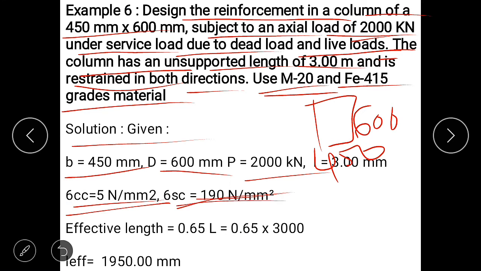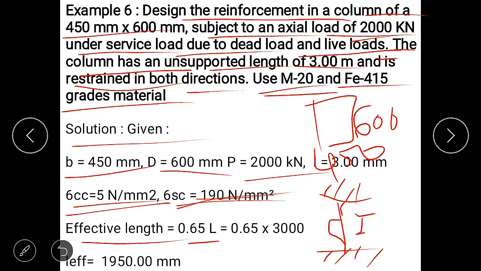The column has an unsupported length of 3 meter. The effective length condition: it is not fully fixed, it is restrained at both ends, and this distance is 0.65 L. So take 0.65 into L. 0.65 L with L of 3000 mm, so L effective is 1950 mm.